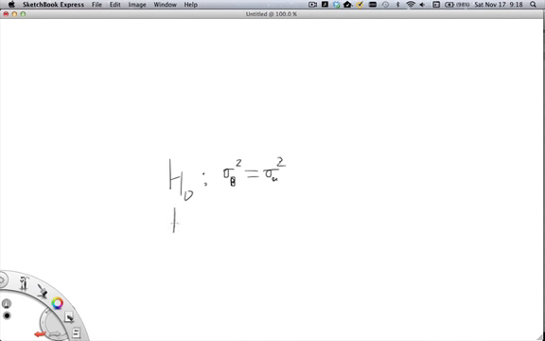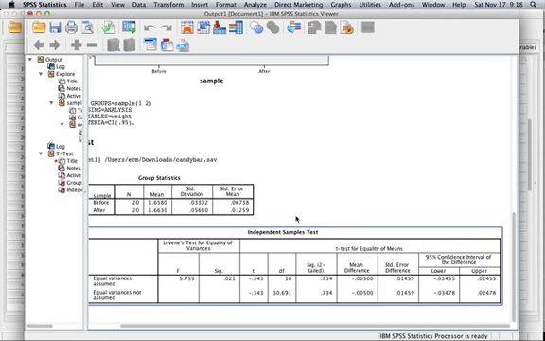And the alternative is that they're not equal. All right, and you get that hypothesis from this language that the variances are equal.